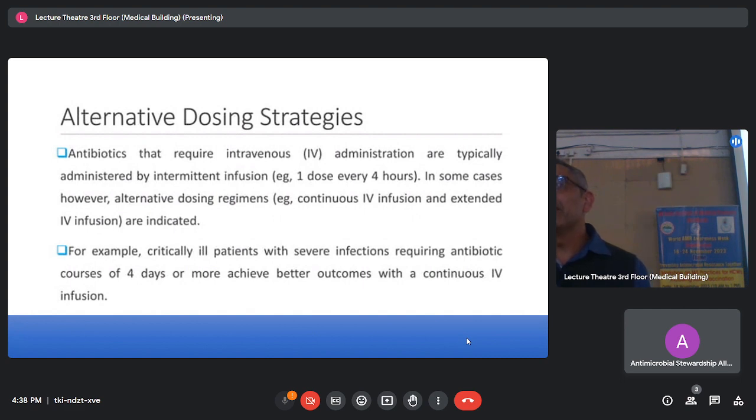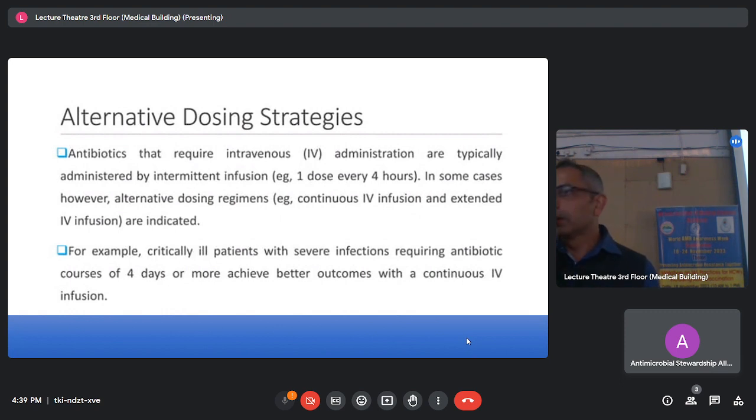Now, if we look at this logical thinking, resistance is defined on the basis of MIC cutoff points or MPC cutoff points, meaning that after this MIC, the zone of inhibition was not achieved as per the expectation. What happens if we give it in higher concentrations? Can we change the breakpoints which have been defined?